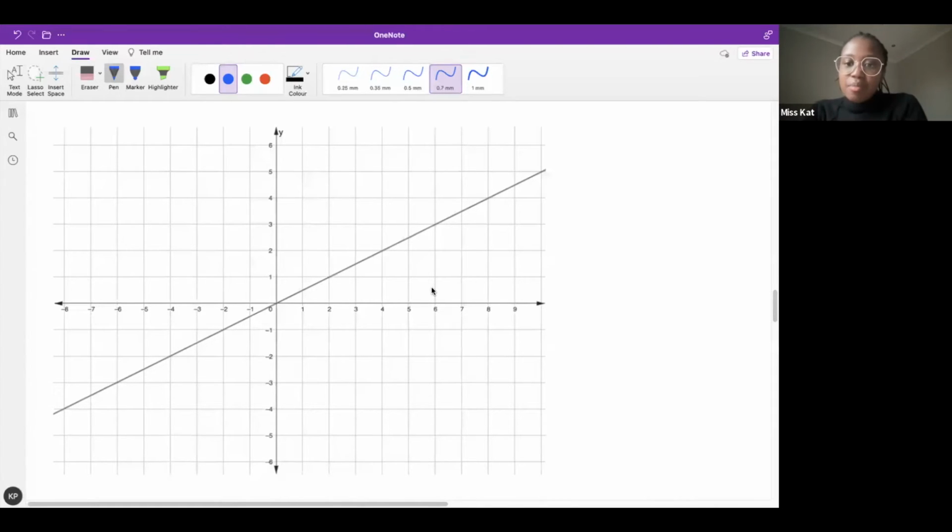Exactly, positive because it is increasing. Lesedi, remember, increasing function, it's going up, means it's a positive gradient. If it's a decreasing one going down, that would be a negative gradient. So before we even work out the gradient, we are expecting the answer to be positive.